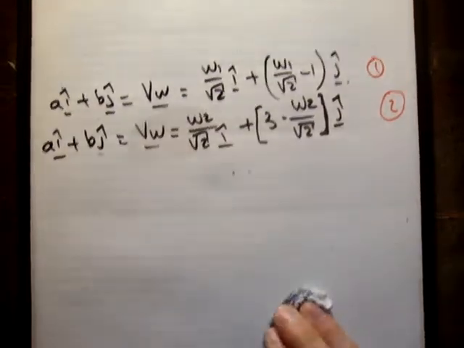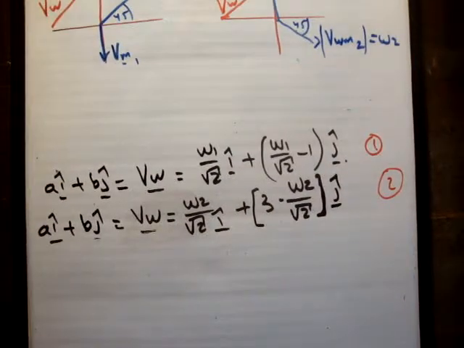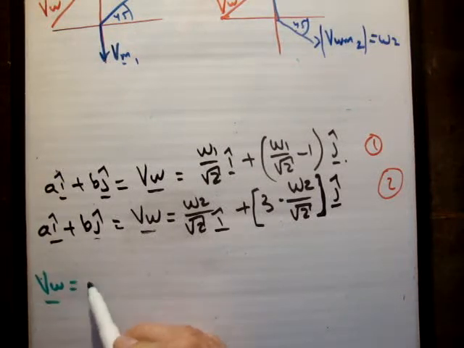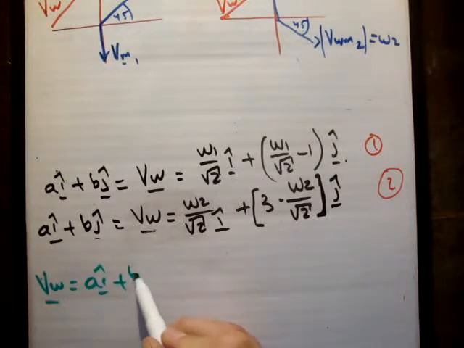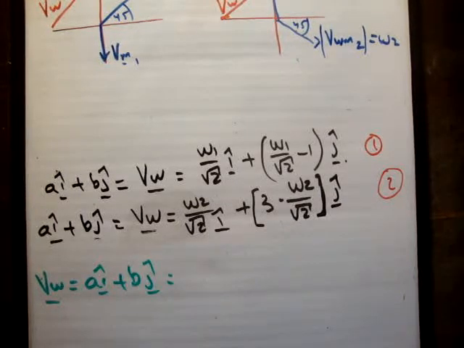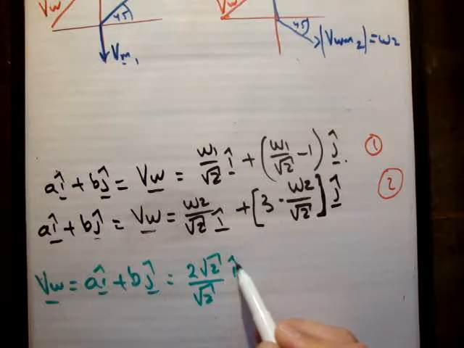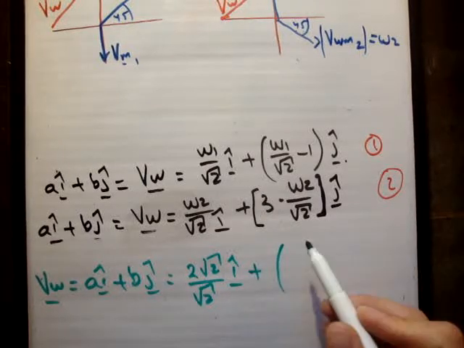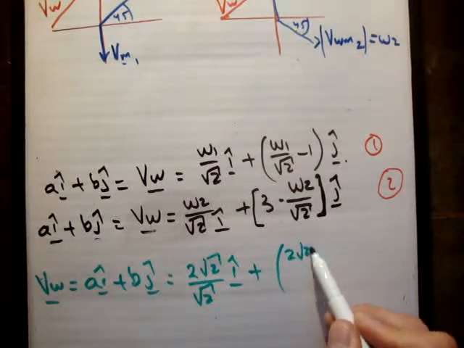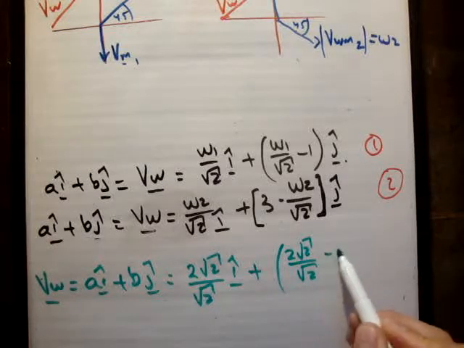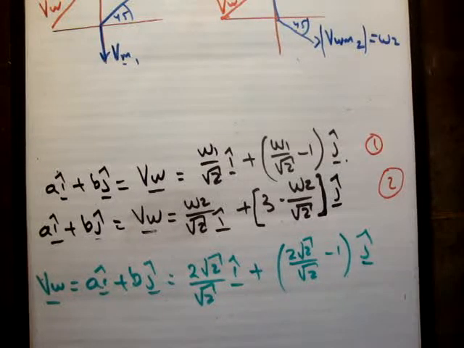So let's just go back up here and apply the knowledge we've just worked out to any of the scenarios there, 1 or 2. So we're going to get the velocity of the wind is equal to a i hat plus b j hat is equal to 2 root 2 over root 2 i hat, plus 2 root 2 over root 2 minus 1 j hat.